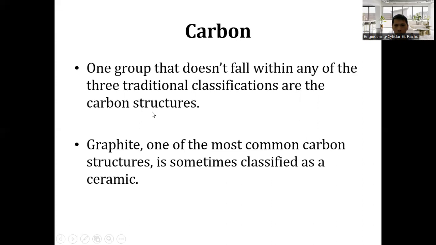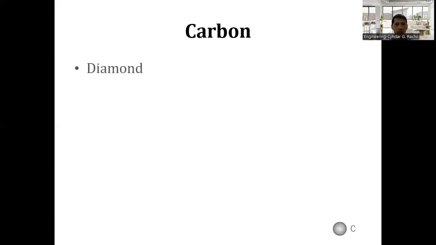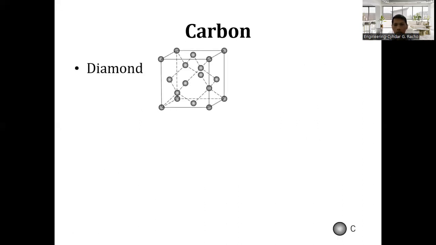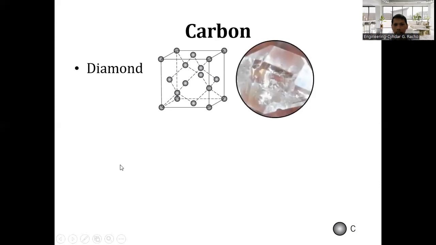A very famous one is graphite, which is one of the most common carbon structures and is sometimes classified as ceramics. Of course, one of the most valuable materials is diamond.